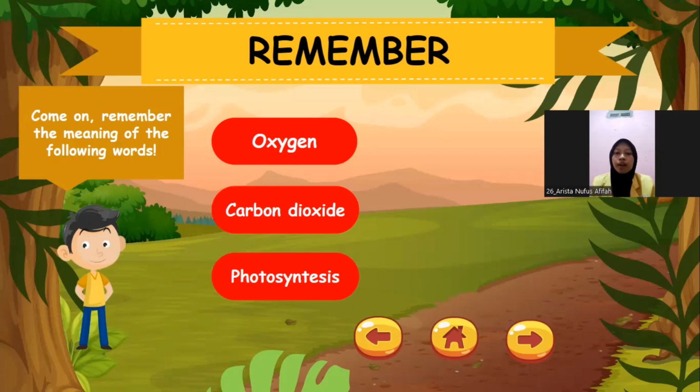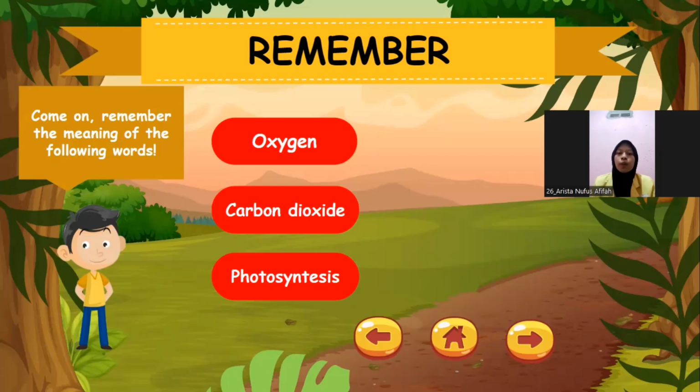Yes, that's right. The components needed by plants to carry out photosynthesis are water, carbon dioxide, chlorophyll, and sunlight. The formula for photosynthesis is water and carbon dioxide equal glucose and oxygen.